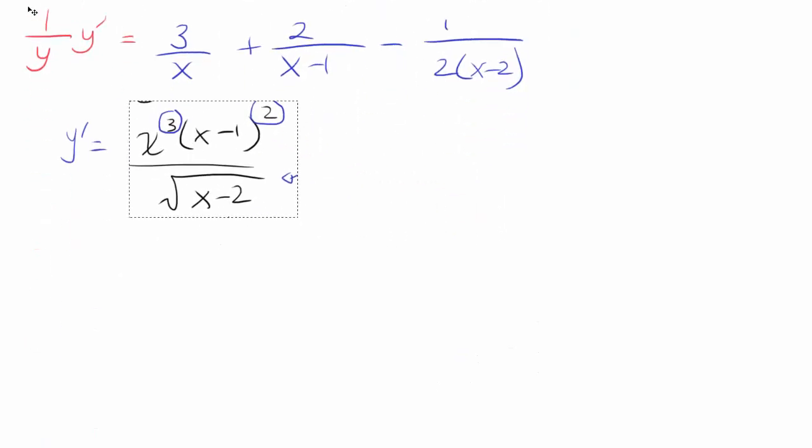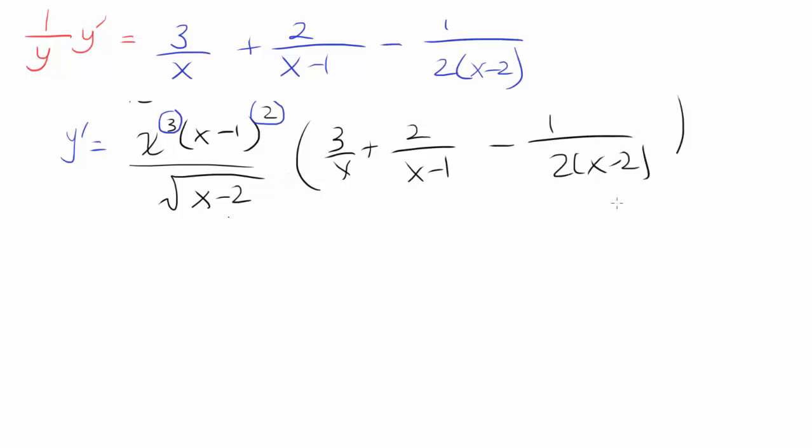So we have our y times, let me erase this arrow, times this expression: 3 over x plus 2 over x minus 1 minus 1 over 2 times x minus 2, and we're done. And this crazy expression didn't take us too long to evaluate.